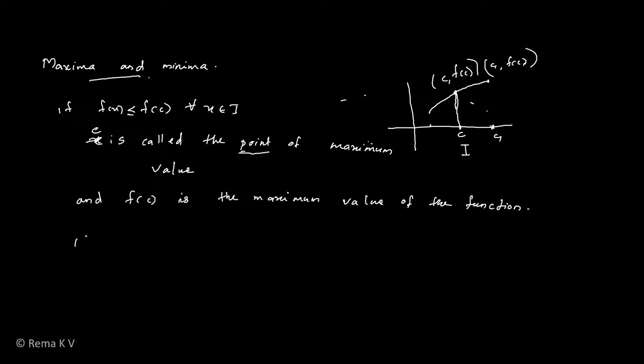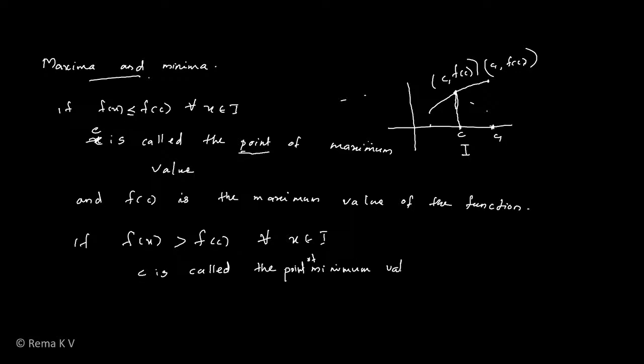That is, if f of x is greater than or equal to f of c for all x belongs to I, then C is called the point of minimum value, and f of c is the minimum value of the function.